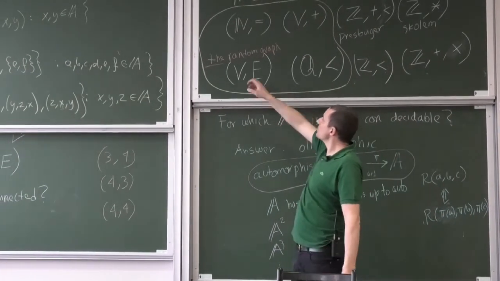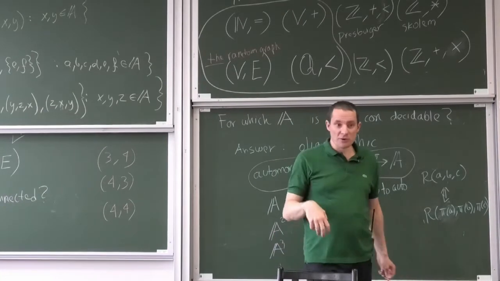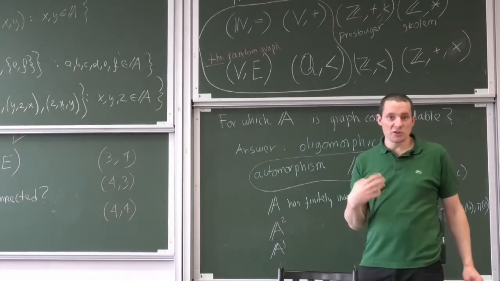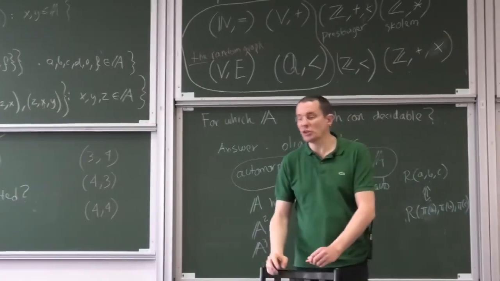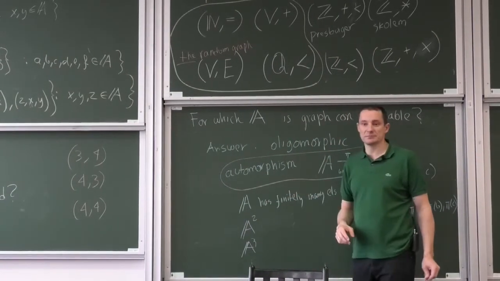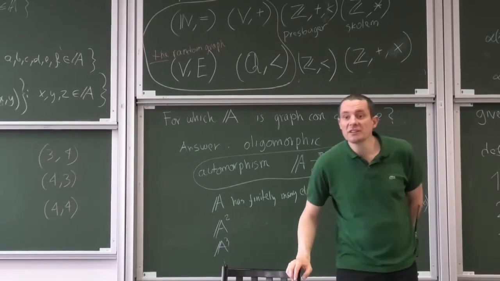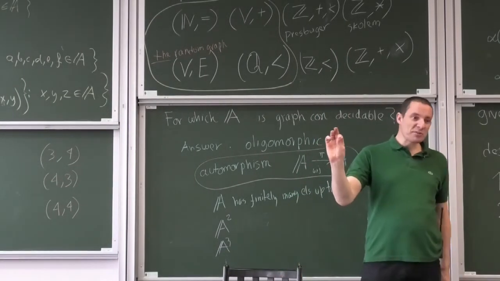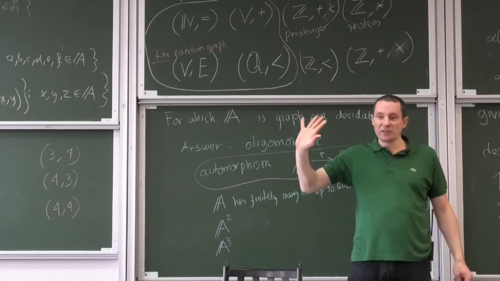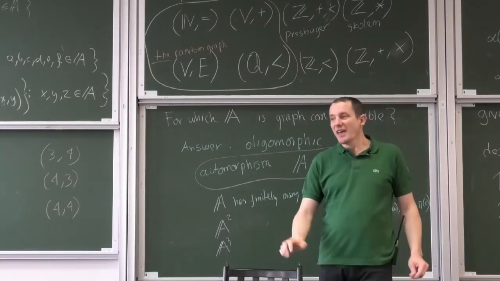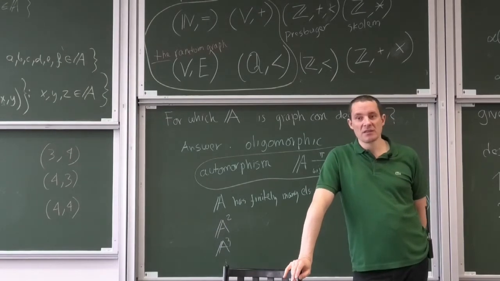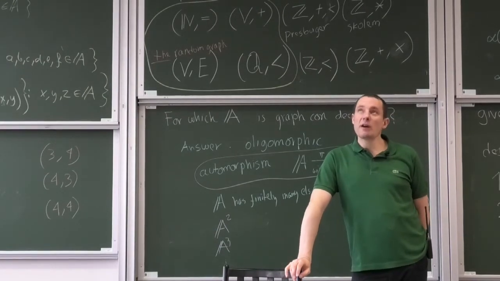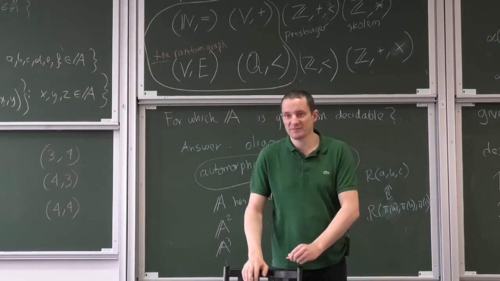And as it will turn out, the random graph is also oligomorphic. For those of you who know the random graph, how many orbits does it have in the first power? One. Because in the random graph you can take any vertex to any other vertex and this extends out. How many orbits does it have in the second power? How many orbits does it have in the third power?